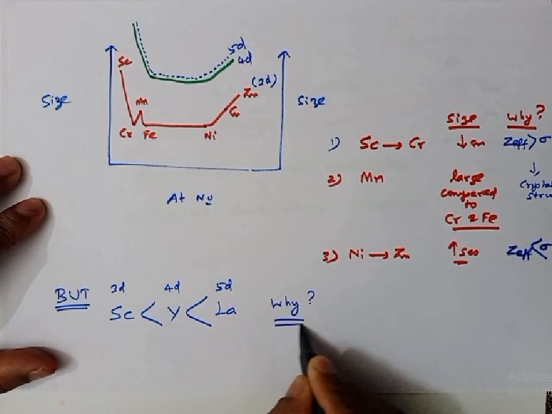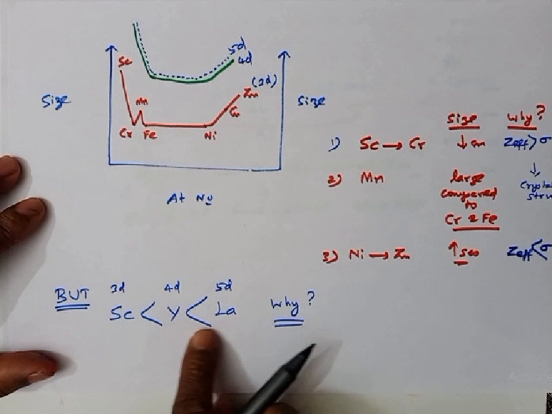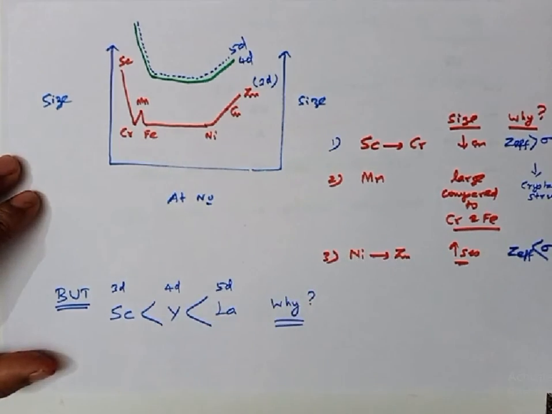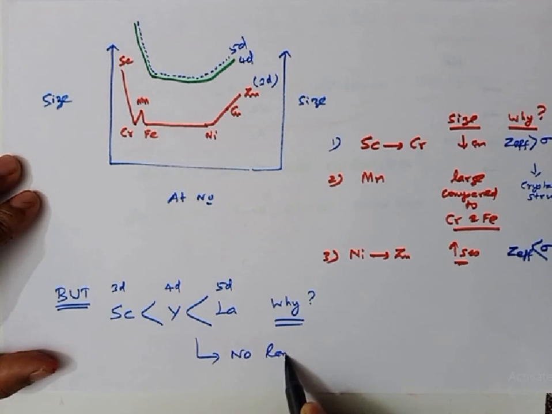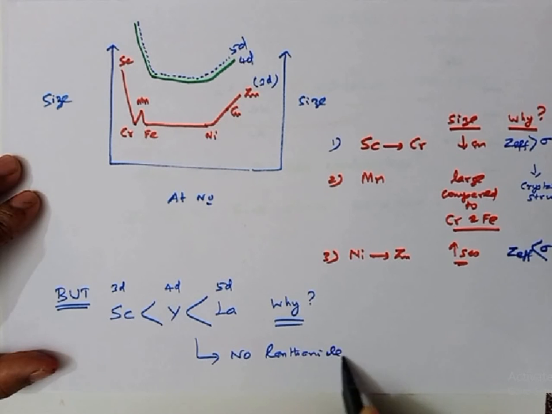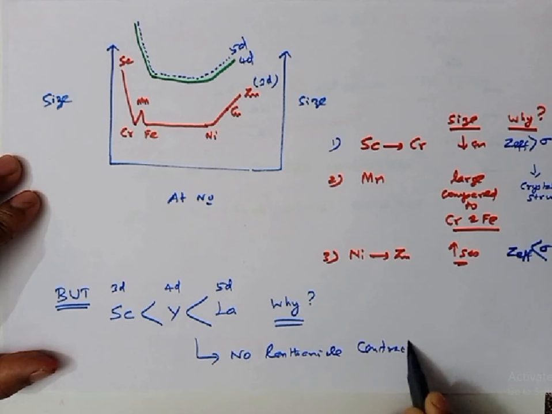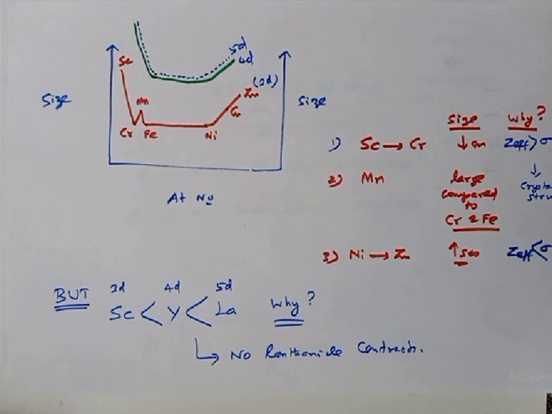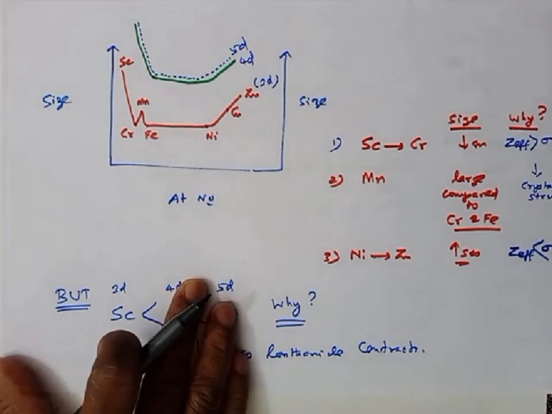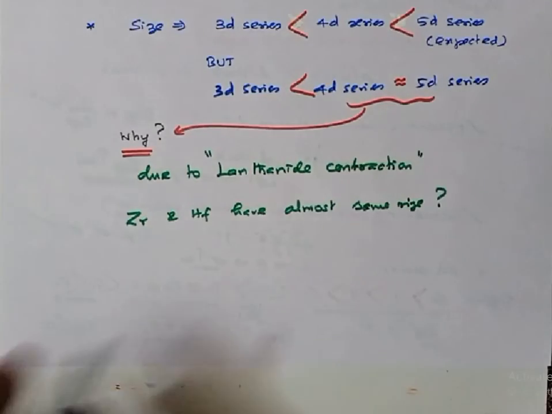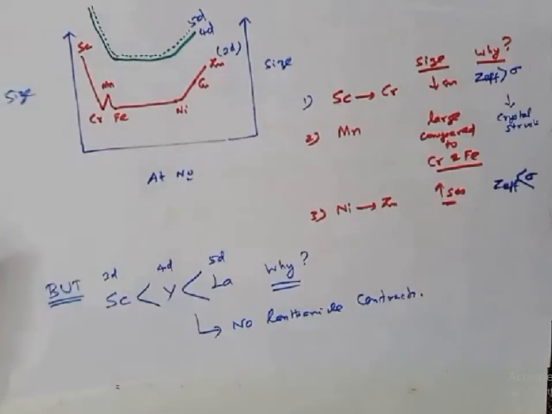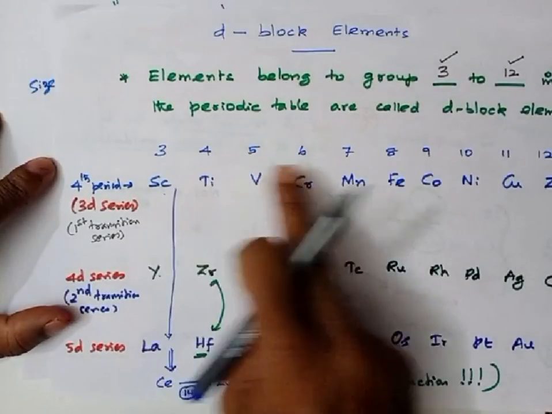They ask this question. Between yttrium and lanthanum, there is no lanthanide contraction, student. No lanthanide contraction, so size increases as expected. Lanthanide contraction is observed between these elements, starting from group 4 onwards.